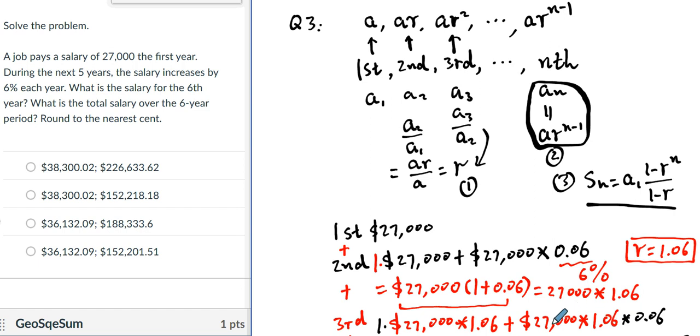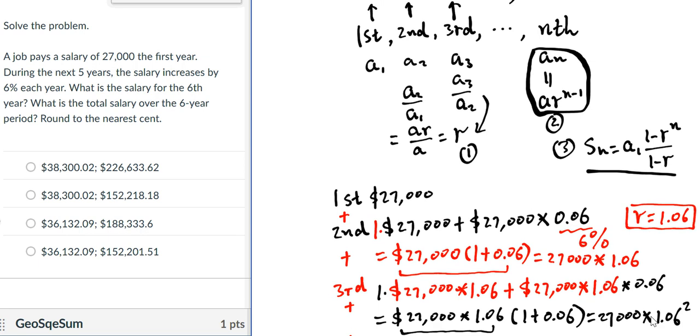Then use the same base salary times 0.06. Similarly, you pull the red number out, 27,000 times 1.06, and you have 1 plus 0.06 from here, and 1 from here. So 1 plus 0.06 is still 1.06. So you get two 1.06 factors. That's why it's a square for the third year.